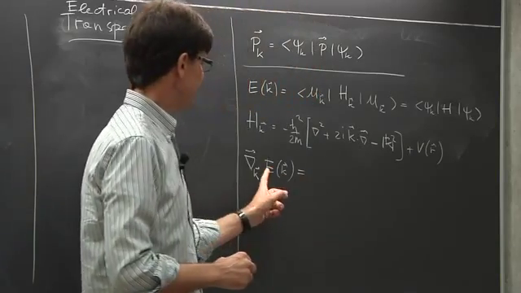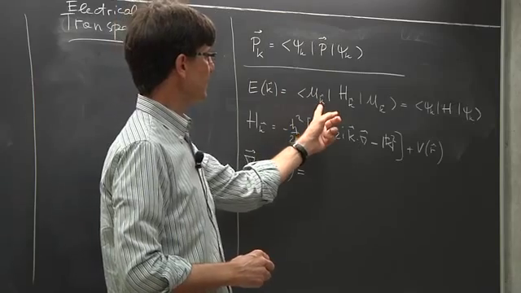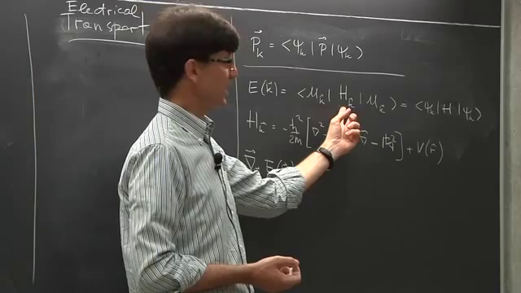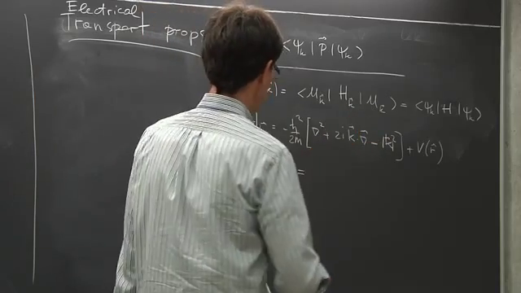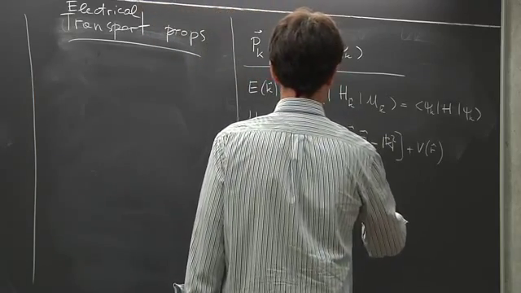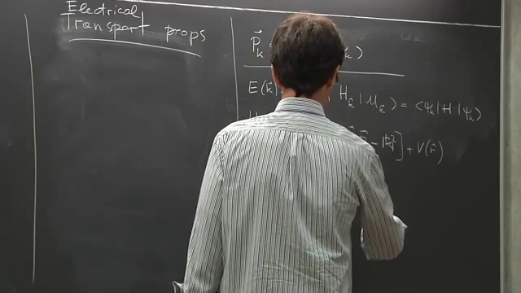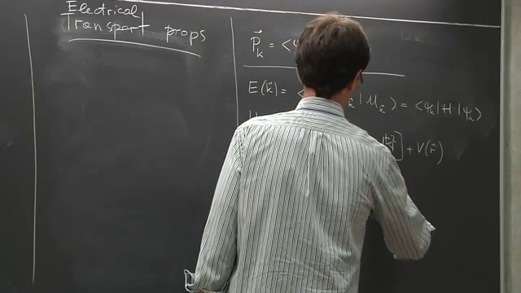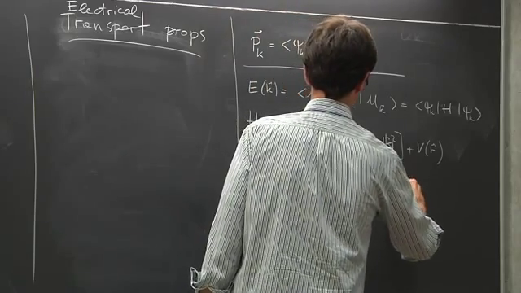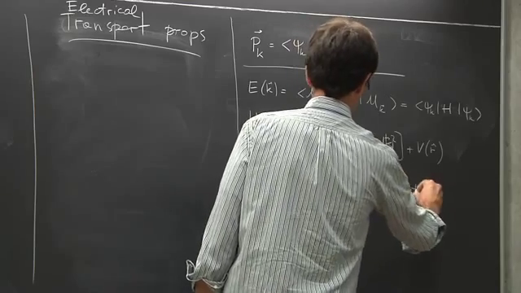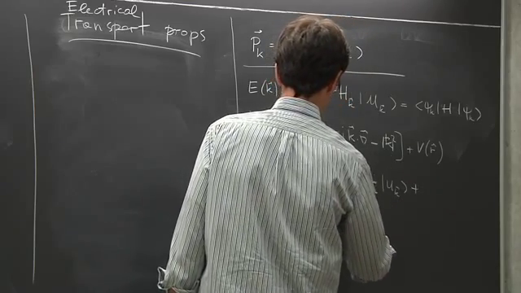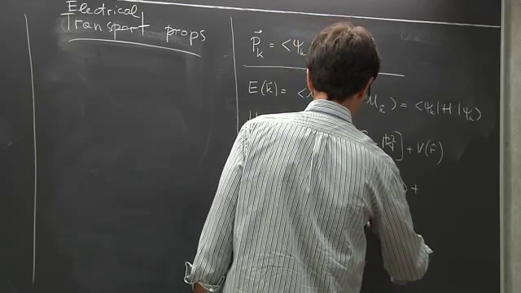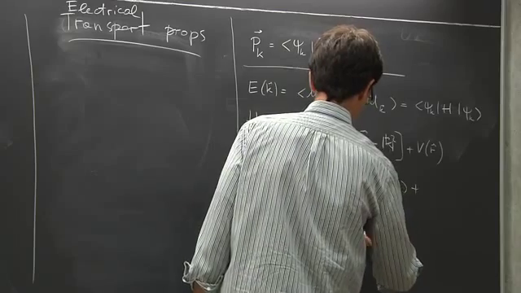So this function, E of k, depends on k in 3 places. U of k depends on k, u of k depends on k, and h of k depends on k. So there will be the gradient with respect to k of u of k, h of k, u of k, plus the gradient of h with respect to k.